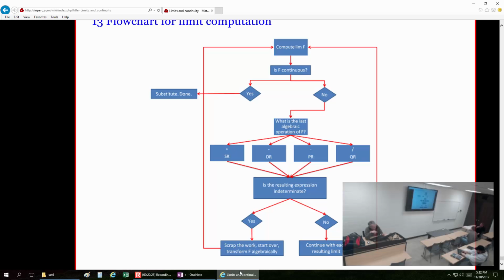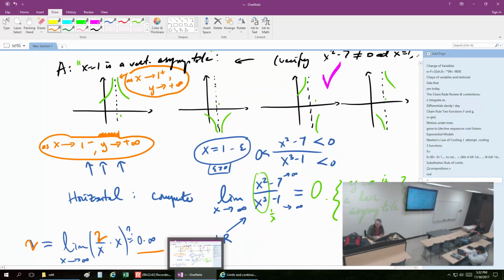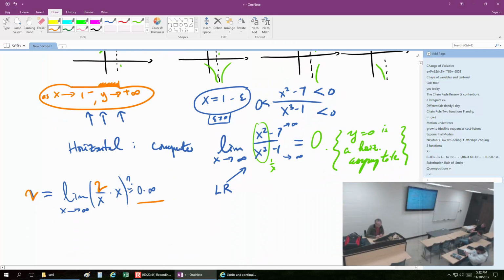And then you might have to repeat it many times if it is very complex. You shouldn't expect anything especially complicated on the final. So understanding the concepts is what hopefully we'll achieve.